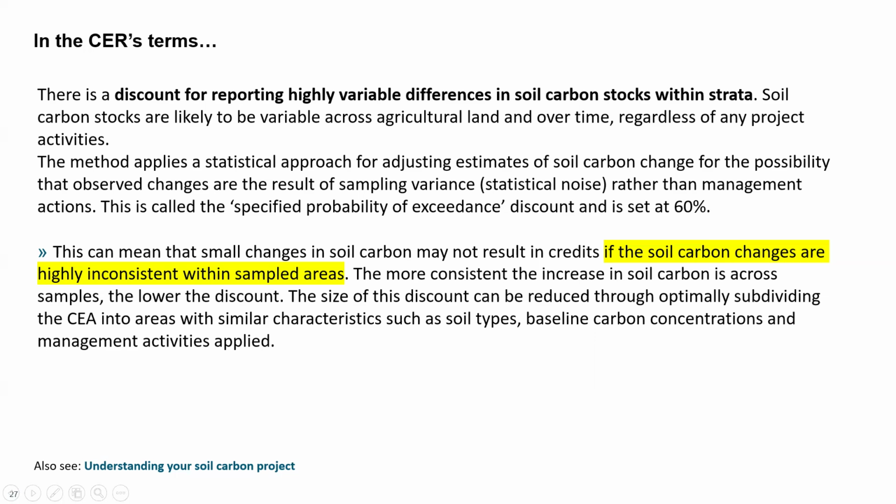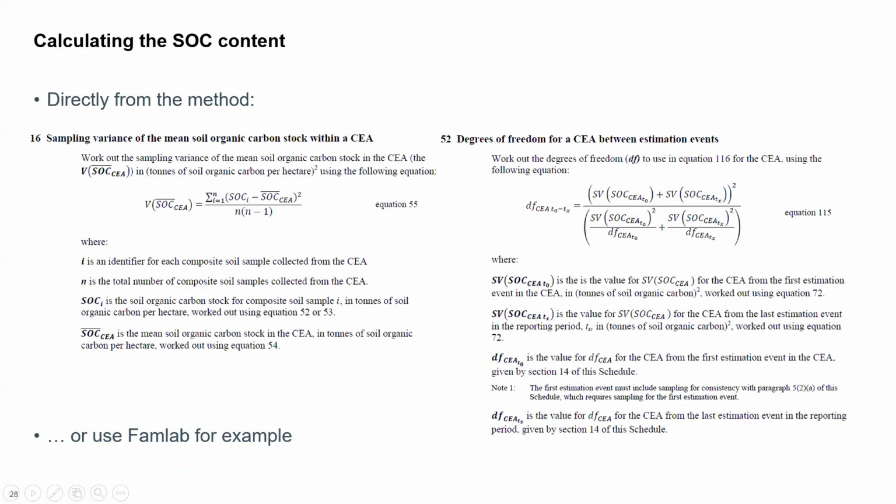After that, calculating your soil carbon content from the sampling results. You're happy, you've got your 20 samples back from the lab, and you want to calculate the soil carbon of your CEA. Now, I don't know if you remember when we were talking about FullCAM.